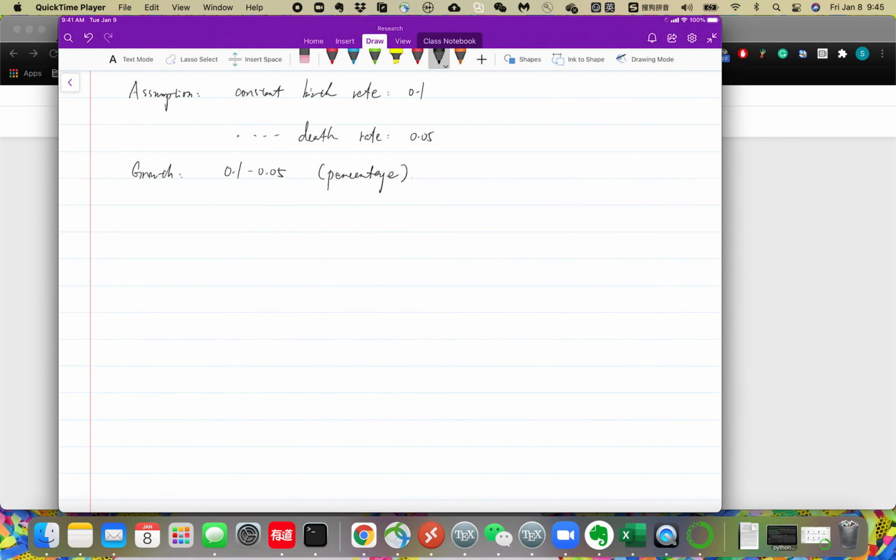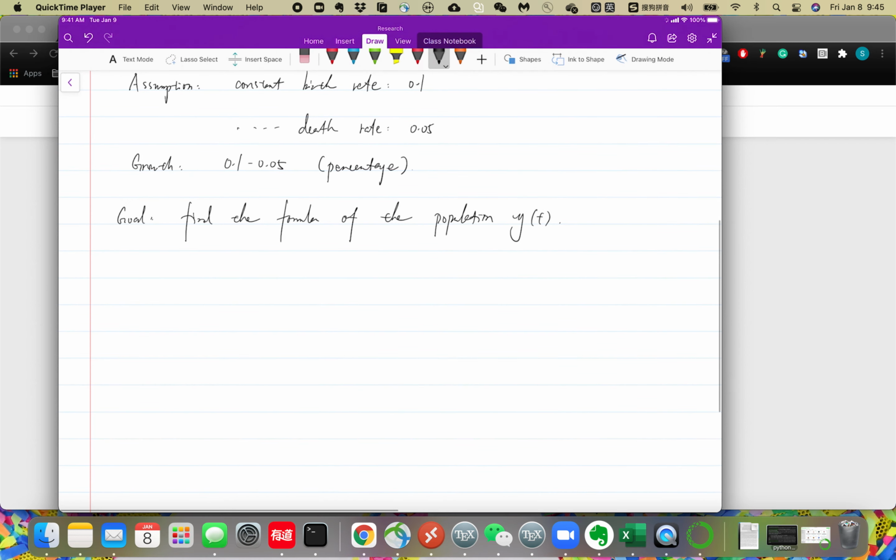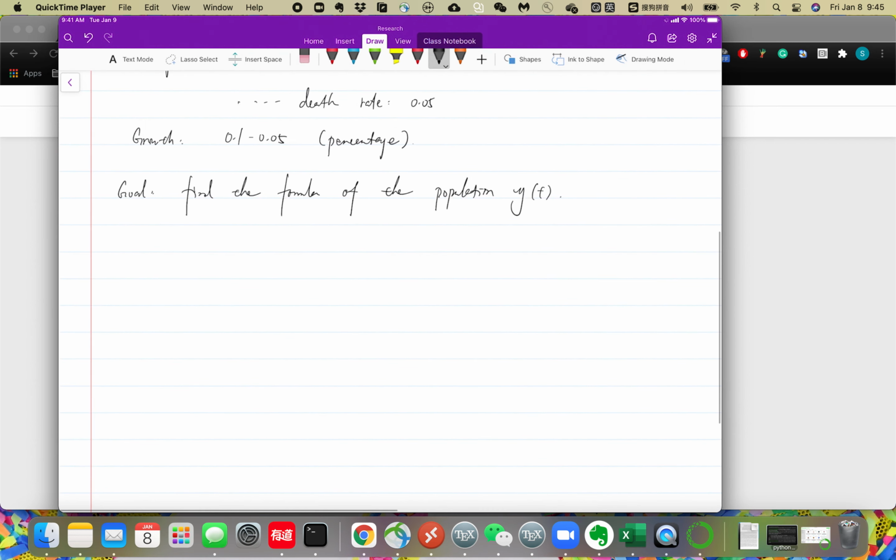With that in mind, our goal is to find the formula or the function of the population, y as a function of t, where t is a time measured in a certain unit. It can be years, it can be months, and the rate here has to be changed corresponding to the time period. But either way, let's see how we set it up.